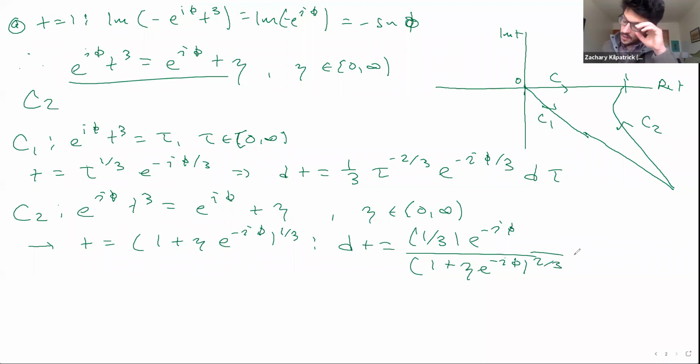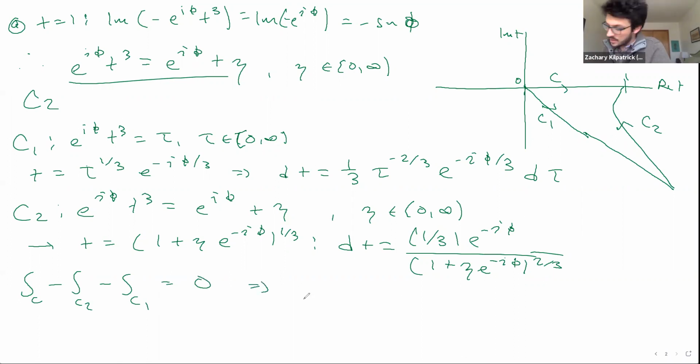Okay. So that's going to allow us to say, well, around here, there's no singularities, right? So our original integral along C, minus the integral along C2, minus the integral along C1, because the arrows are pointing the opposite direction, should equal 0.